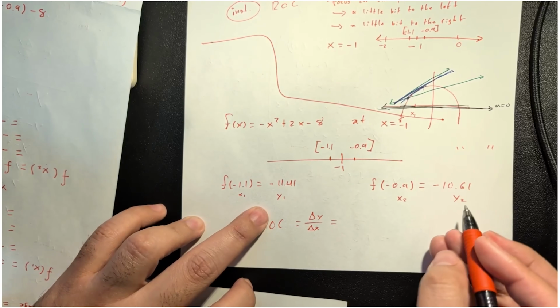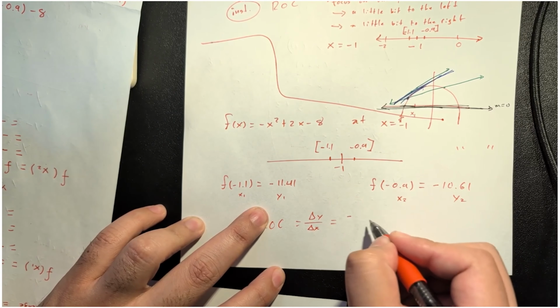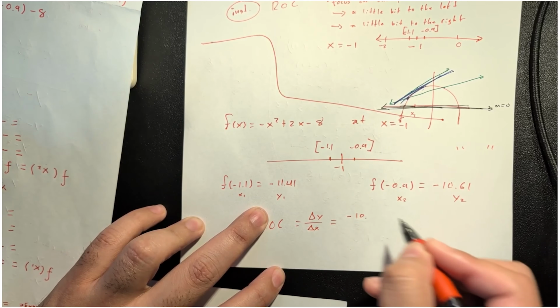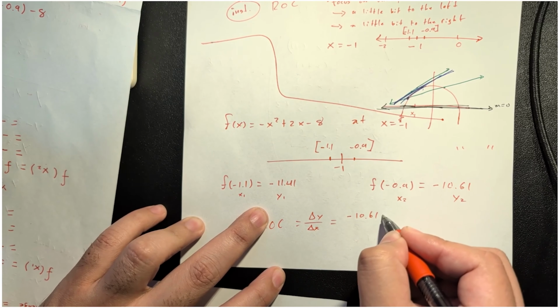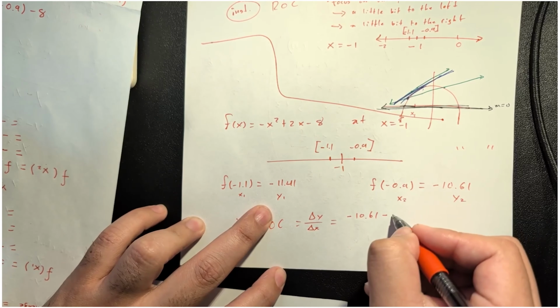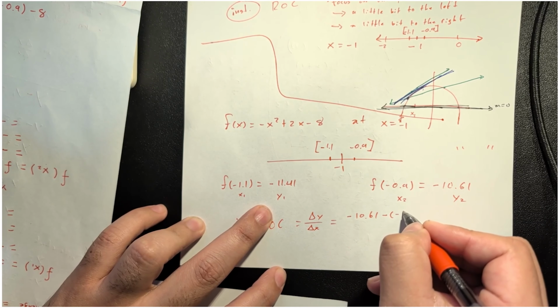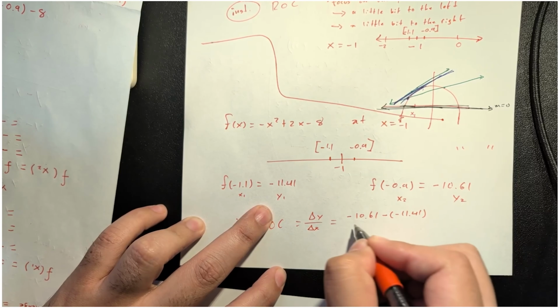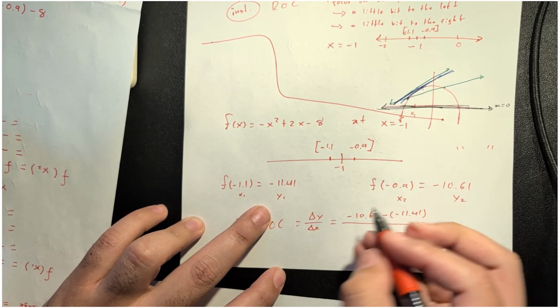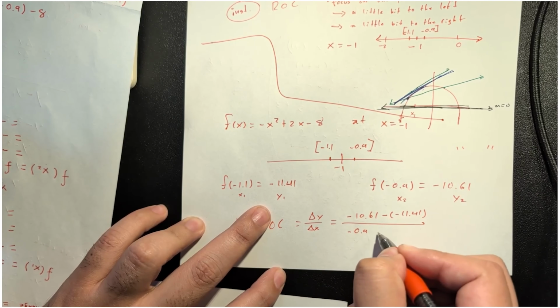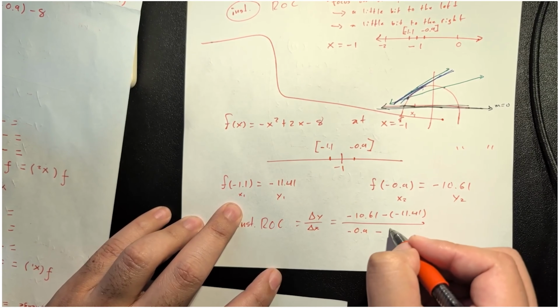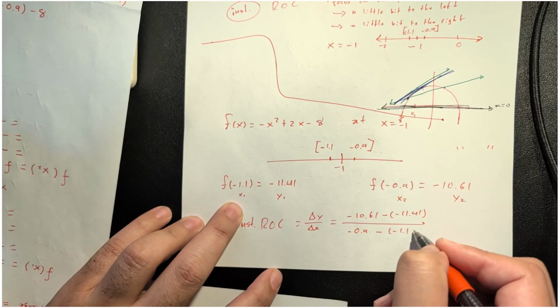So my delta y is going to be negative 10.61 minus y1, so double negative 11.41, over negative 0.9 minus double negative 1.1.